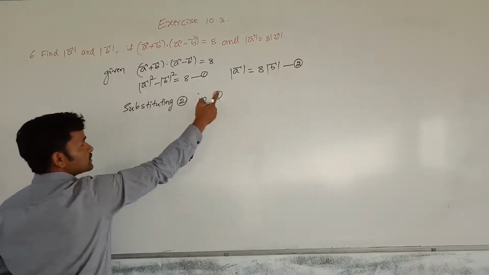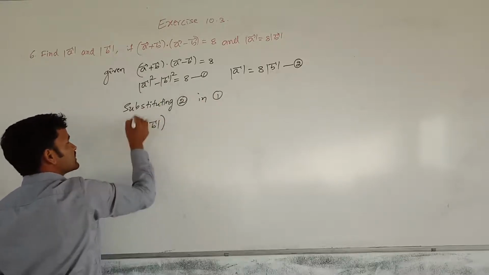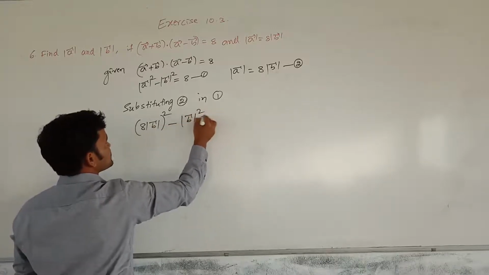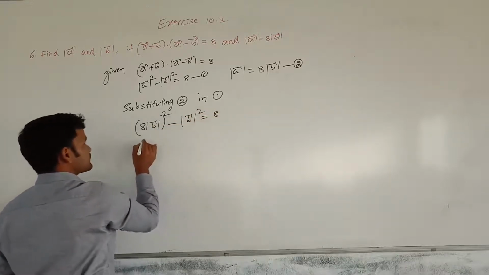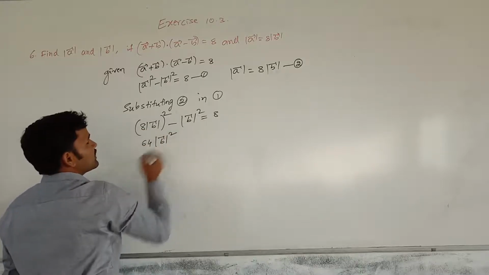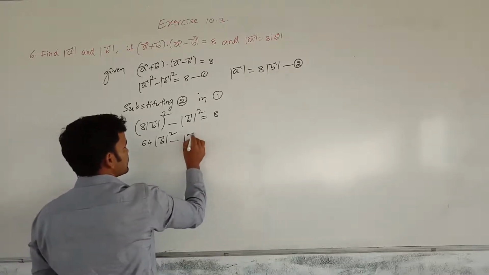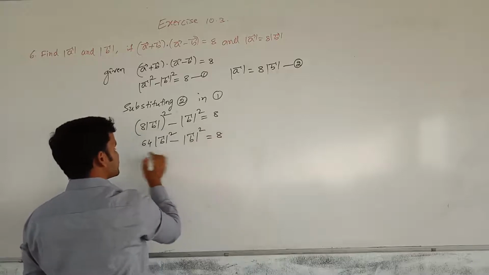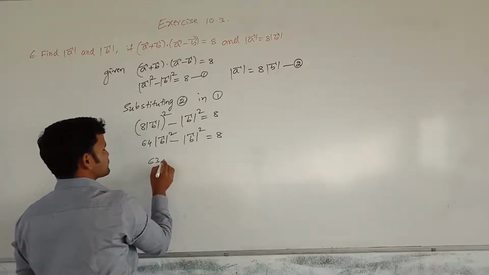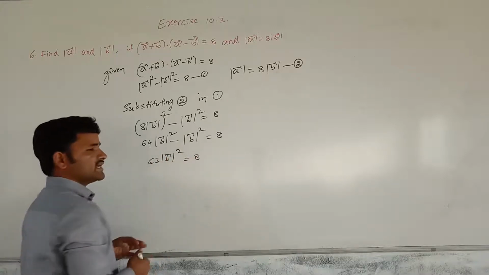Magnitude of vector A is equal to 8 times magnitude of vector B. Here this square I will write as it is minus magnitude of vector B square, which is equal to 8. This is 8 square, 64. 64 into magnitude of vector B square minus magnitude of vector B square equal to 8. 64 times minus 1 times, this becomes 63 times. 63 into magnitude of vector B square equal to 8.